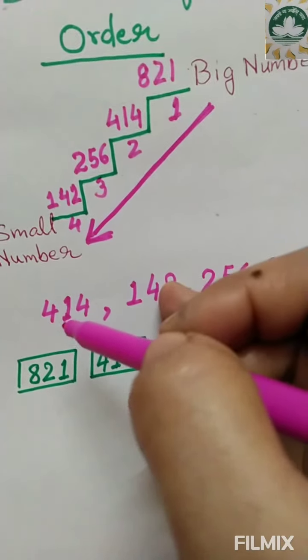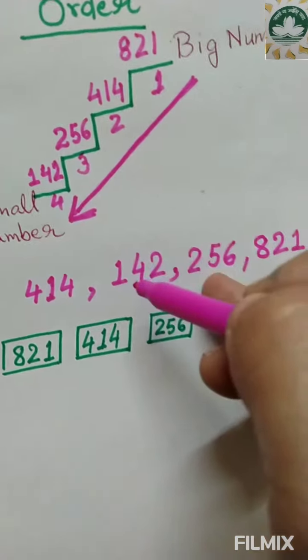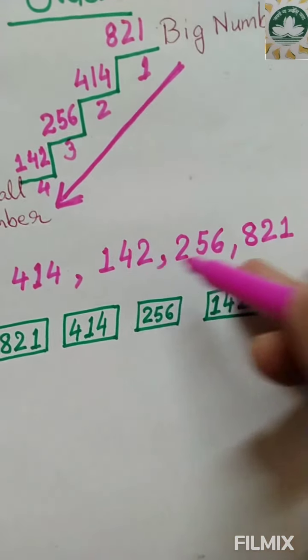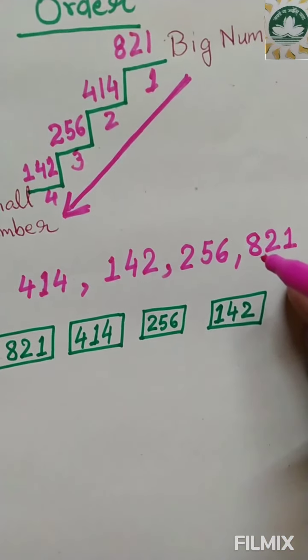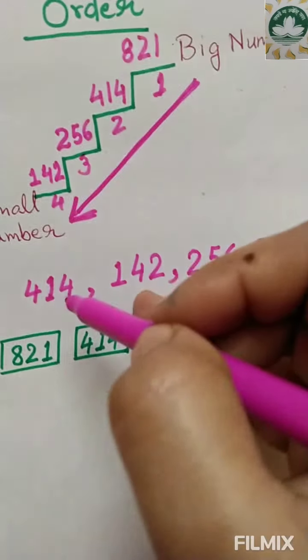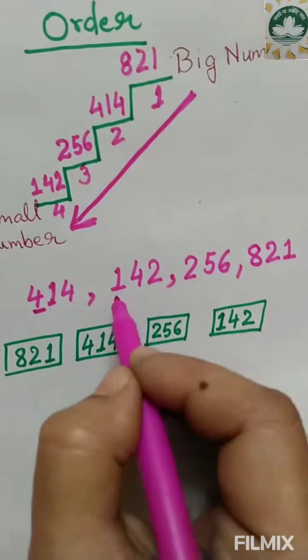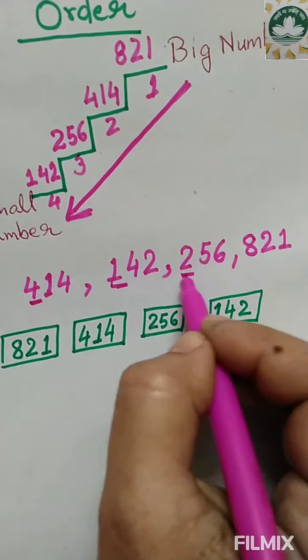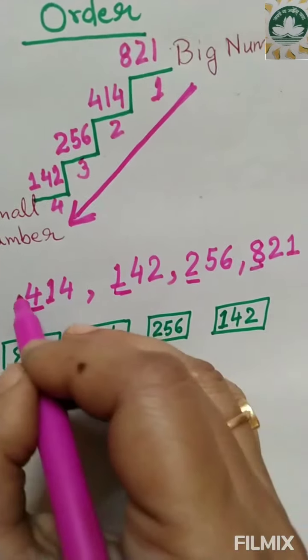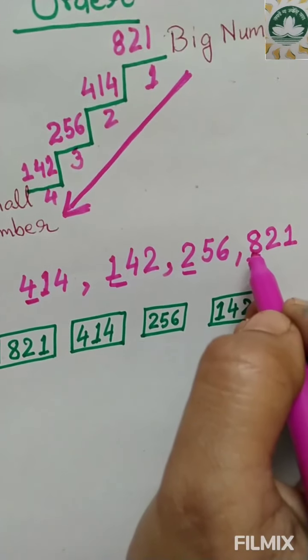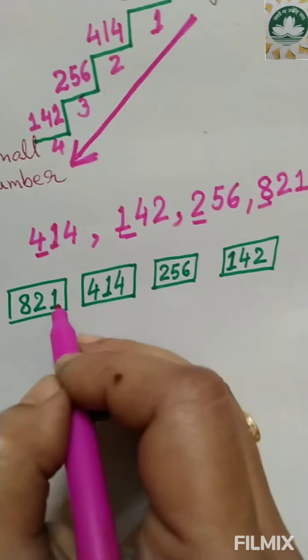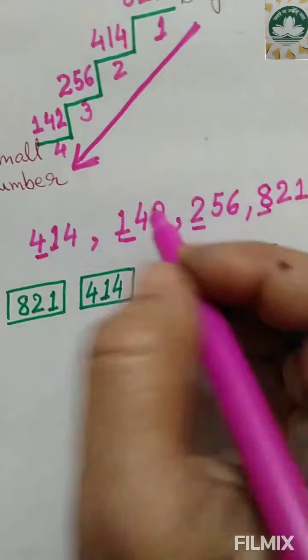So if you start with the number 414, 142, 256 and 821. So which is the biggest number? We will find out that 8 is the biggest number in the hundreds place. So 821 will be the first number.